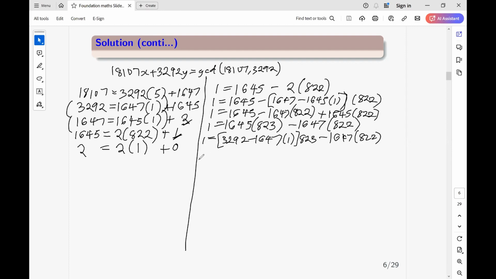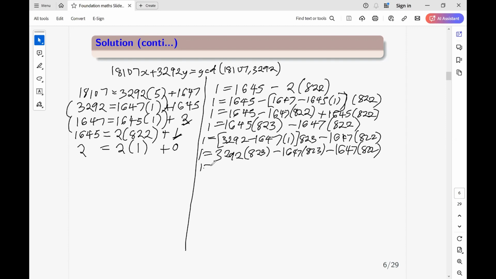Now we open up the equation. 3292 times 823 minus 1647 times 823. Oh, I'm sorry about the handwriting, but I think we can just continue. And then 1647 times 822. Let me try and write something which can be read. Okay, now we take the like terms.